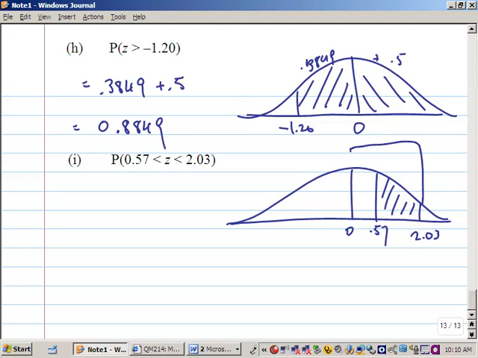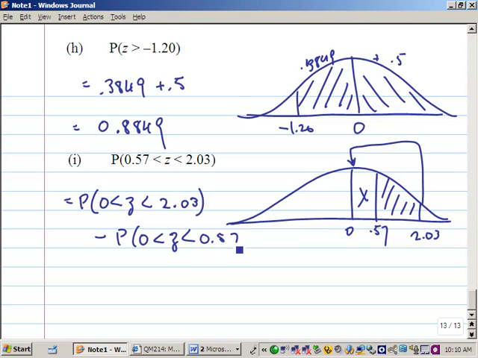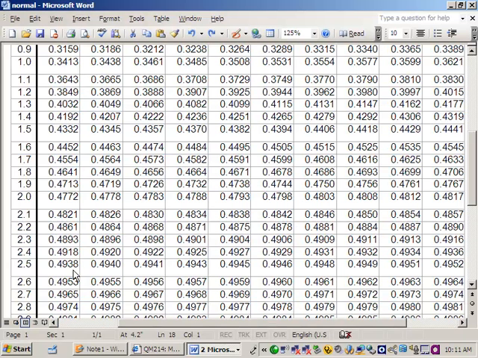We'll find the area first from 0 to 2.03, then subtract out the area from 0 to 0.57. We're looking up two values from our tables.